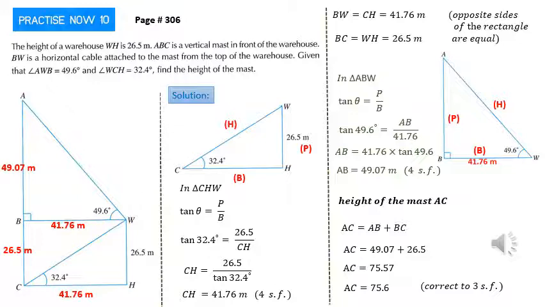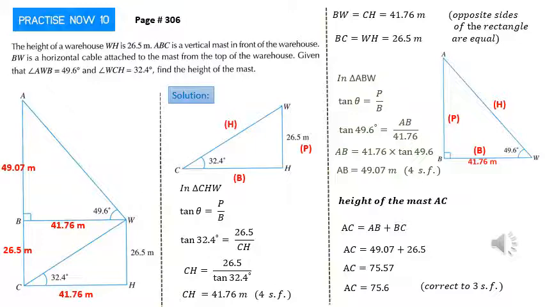Now we are going to find the length of AB. For this I will take triangle ABW. In triangle ABW, tan theta is equal to perpendicular over base. Tan 49.6 degrees is equal to AB over 41.76. After solving, the length of AB is equal to 49.07 meters.